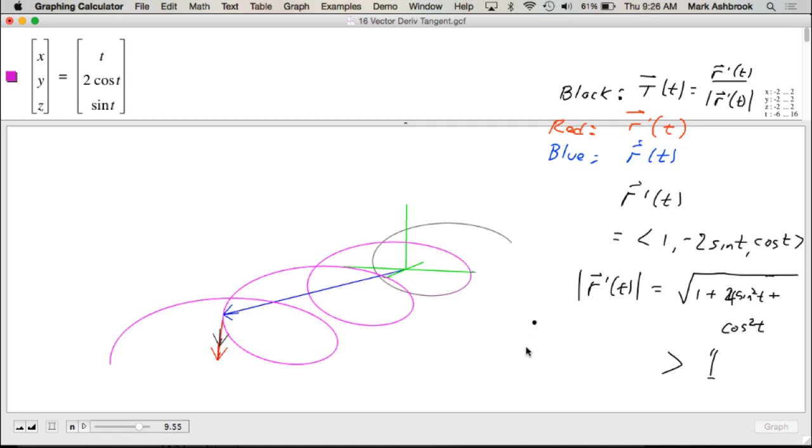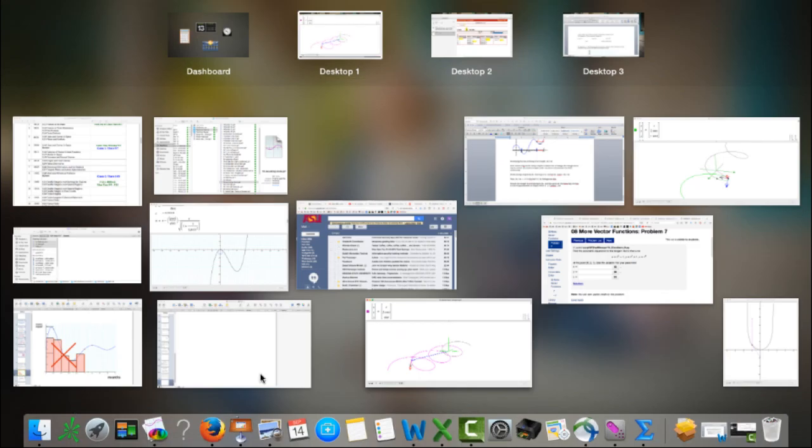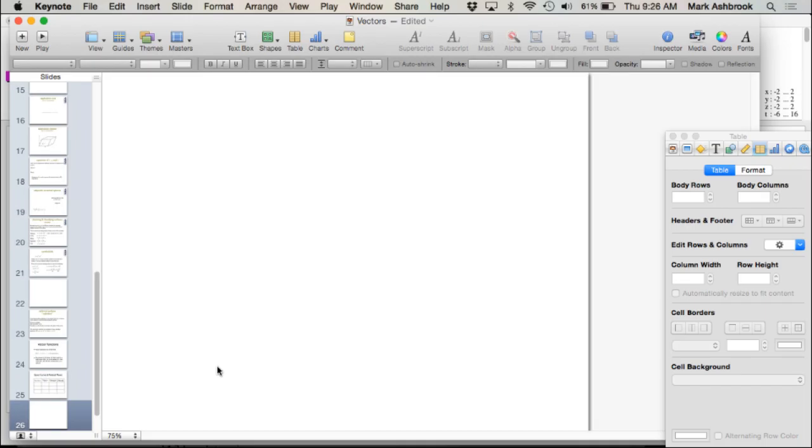Okay, so any questions? All right. So let's say we have a curve like this.